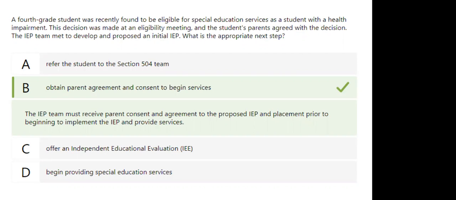So they still need to sign several pieces of paper, actually, not just one, before the services will begin. Of course, you receive consent even when you're gathering your information prior to a decision being made for the student to receive special education services.